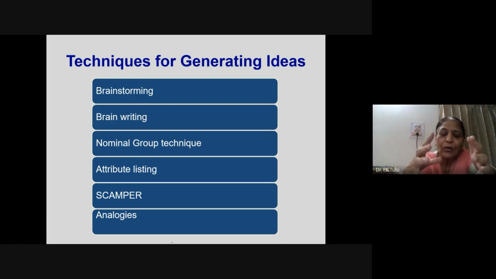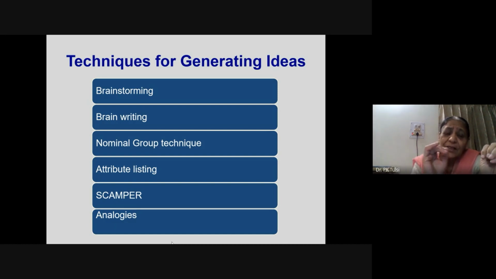That is, a small group of people are involved in the process of generating ideas where a round robin technique is used and ideas are taken up one by one from each individual, and this process continues till the ideas are no more available with the group.